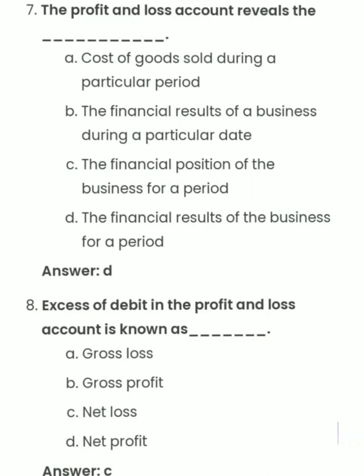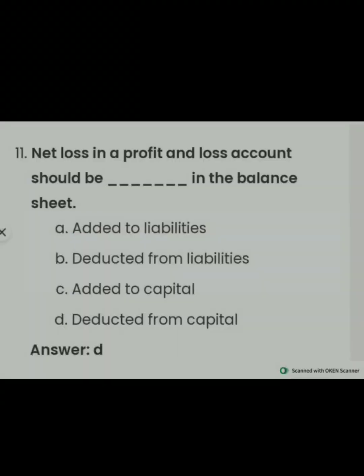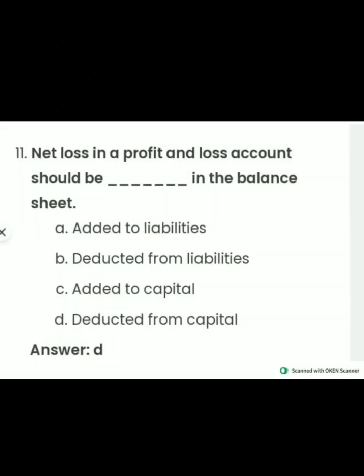Excess of debit in the profit and loss account is known as a net loss, because debit represents expenses and credit represents income. If there is excess of credit in the profit and loss account, that is a net profit. If there is excess of debit, that is a net loss.